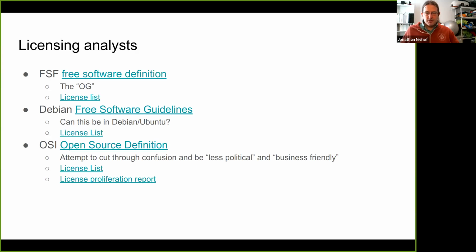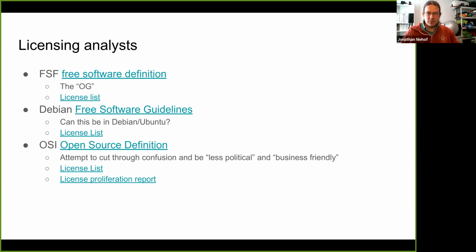And then there's the OSI open source definition, which was sort of trying to separate out the idea of license analysis from any particular project. And also, this is part of holy wars of the early 2000s that nobody needs to hear about, but an attempt to be a little bit more business friendly in the open source software space.